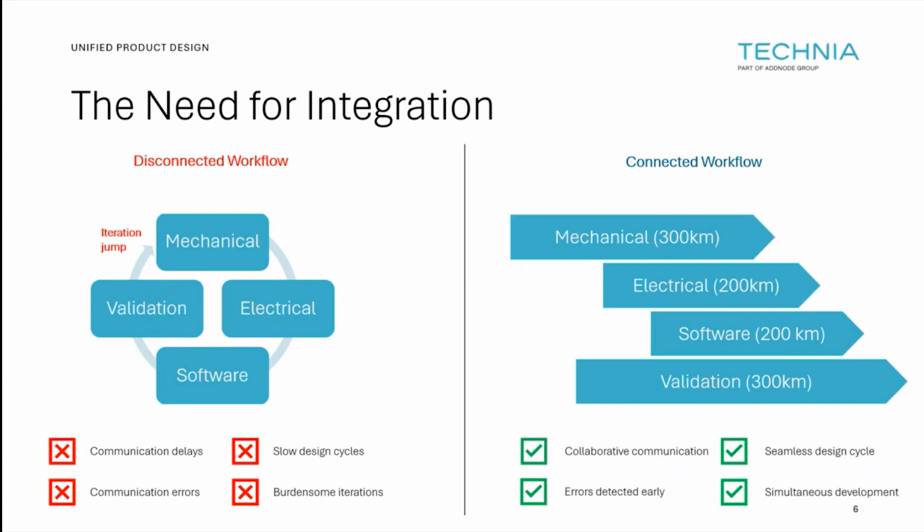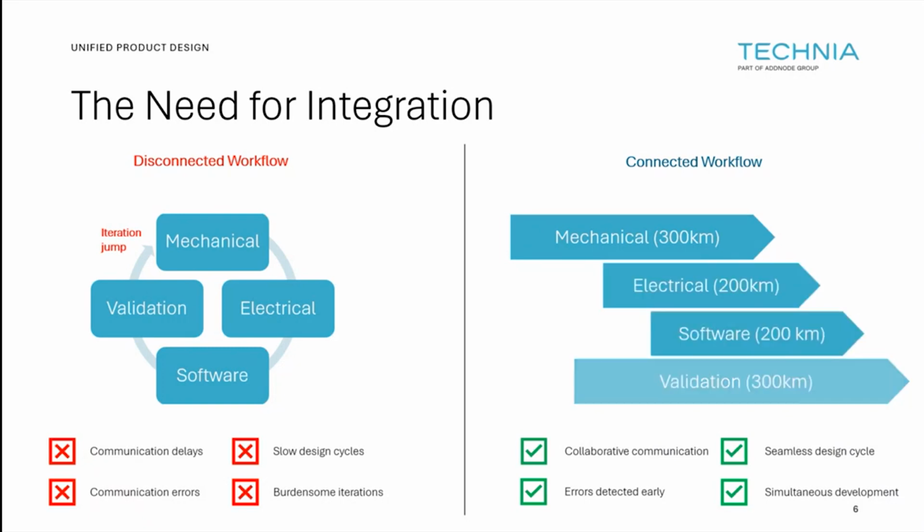A unified environment enables simultaneous work on different parts of a product, ensuring that everything fits together right from the start. Disconnected workflow suffers from numerous disadvantages related to siloed teams, which creates issues regarding incoherent communication and slow design cycles as iterations put the design flow all the way back to the start.